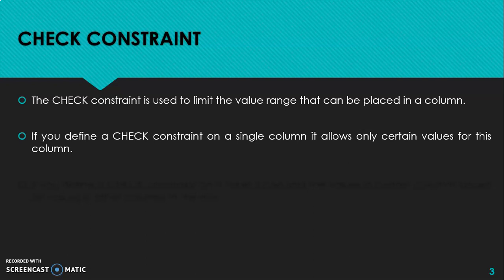For a positive value you have the range from 0 to infinity on the positive side, so we can limit it between 0 and 100. If there is any value below 0 or above 100, an error will be generated so that you cannot enter that value.